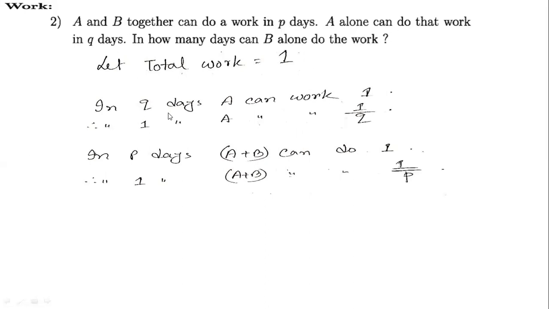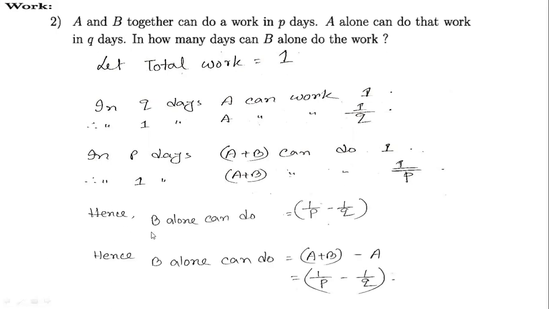So in Q days A can do the total work 1, and in 1 day A can do 1 by Q. And for B, it will be A and B together. So in P days A plus B can do 1 work, and in 1 day A plus B can do 1 by P. So if B alone has to do it, then it will be total minus A. So B can alone do A plus B work minus A work, then it will be the B work.